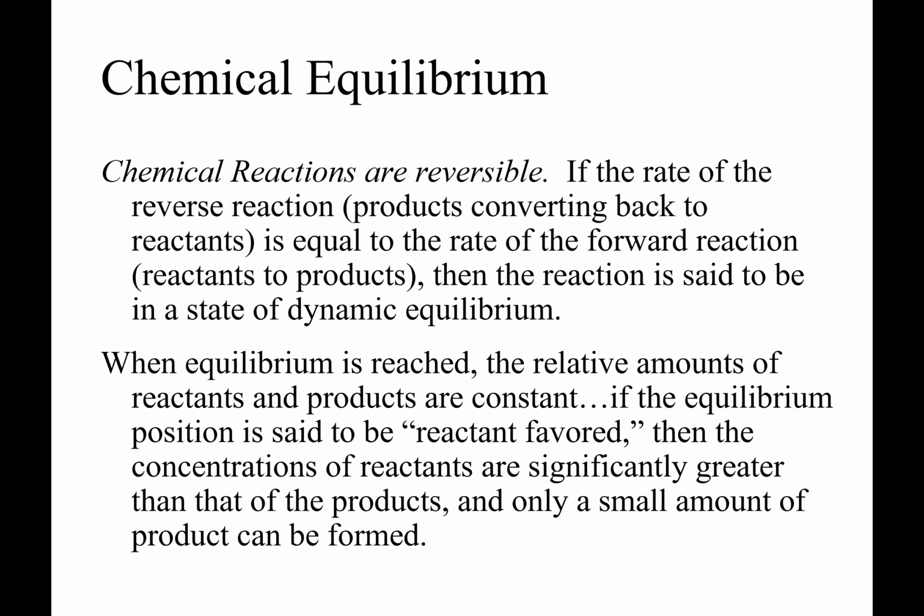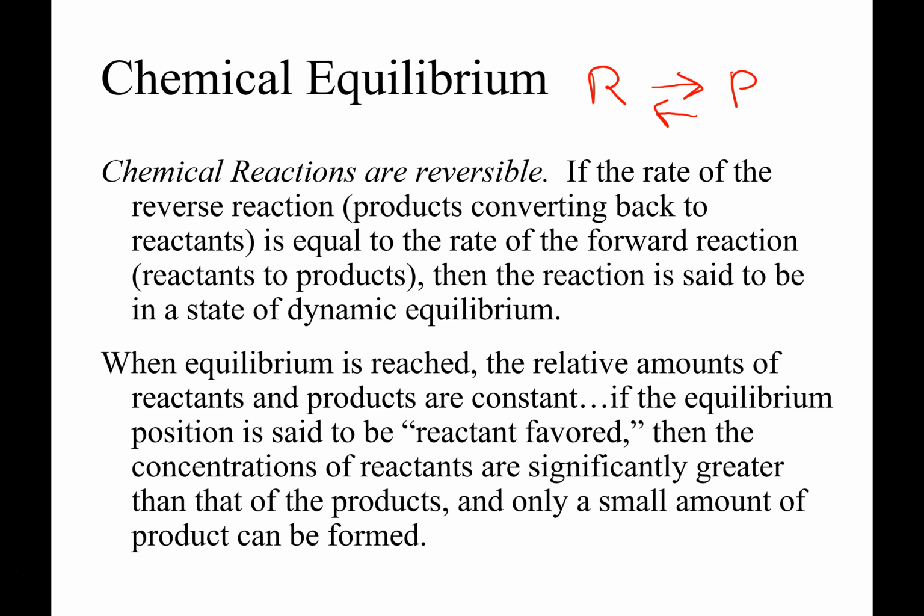Another one: we usually say reactants go to form products, and we write chemical equations from left to right, but there are a whole lot of processes where, to a certain extent, the products go back to form reactants.